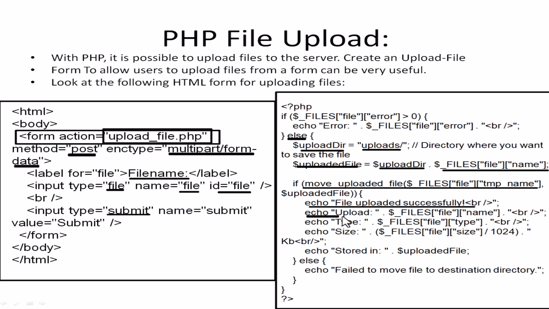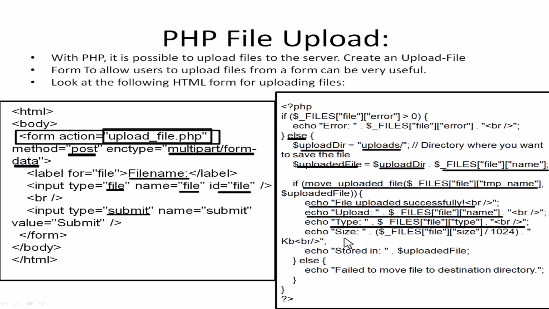Then it is going to show a message with the file name, whatever file name you have sent. Next, echo the type of the file, whether the file is an image file, audio file or video file, the particular type of file will be identified.